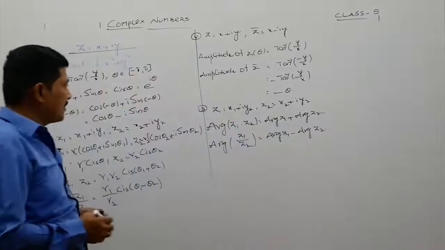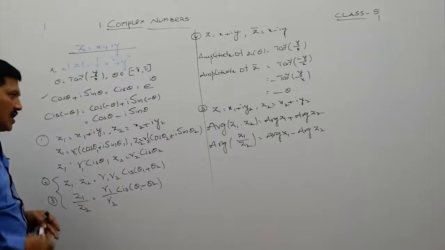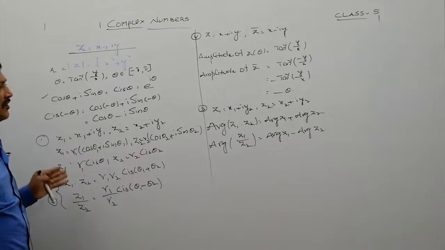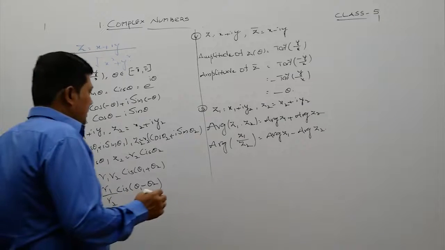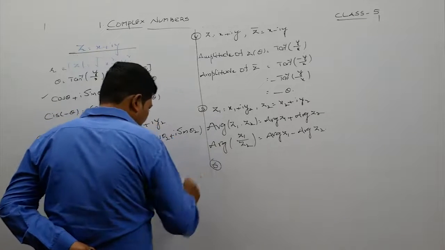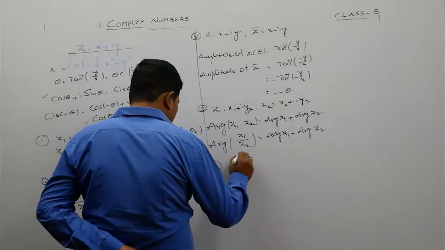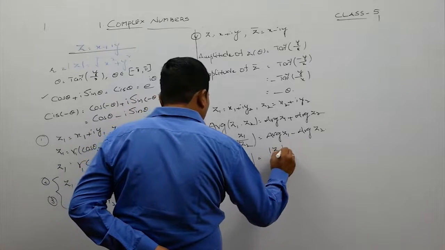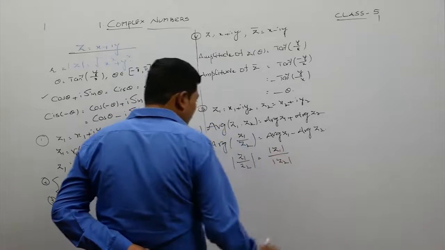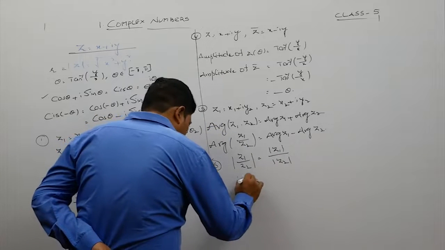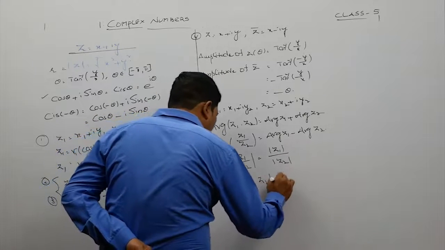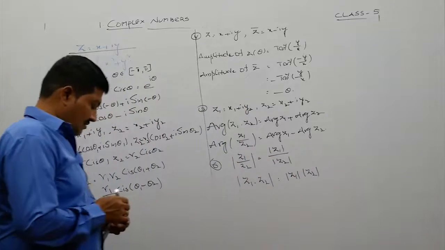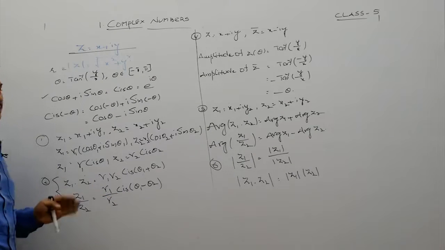So these are all the properties, these are actually theorems. You could have the proofs of these theorems, but here proofs are not necessary, but the points are important, as well as according to the modulus property here, mod z1 by z2 is equal to mod z1 by mod z2, provided z2 is not equal to 0, as well as mod z1 into z2 is equal to mod z1 into mod z2. So these are the highlights of the points to be remembered.